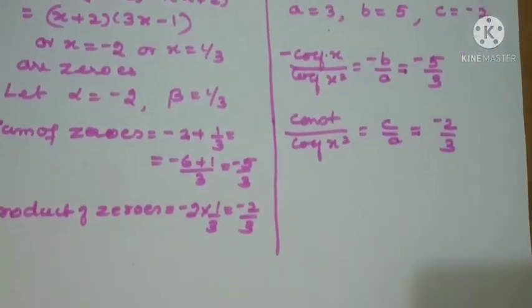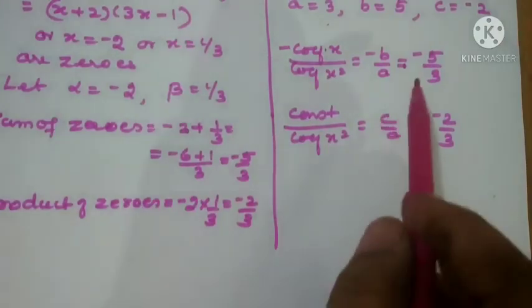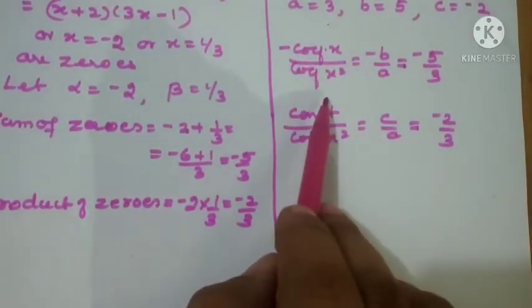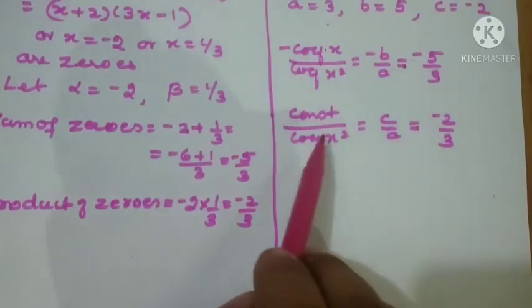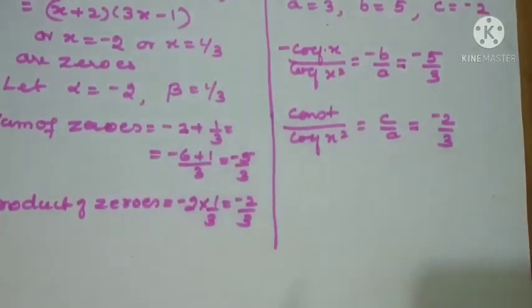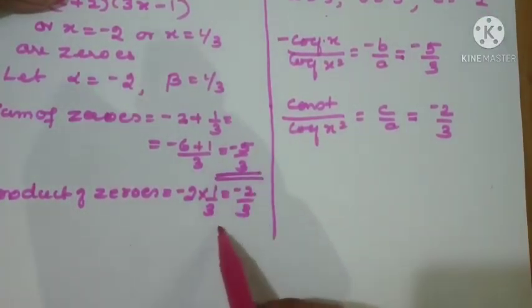So check the answers once again. Sum of the zeros we got minus 5 by 3, product of the zeros we got minus 2 by 3. Similarly this side, minus b by a equal to minus 5 by 3, c by a equal to minus 2 by 3. So both answers we got the same.